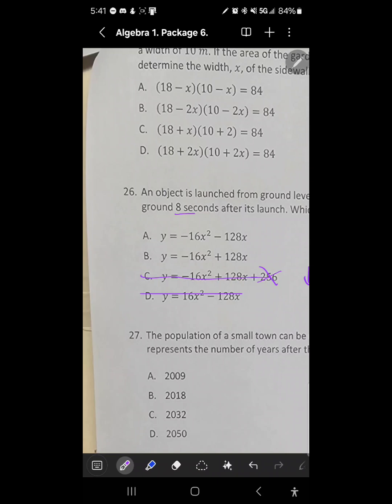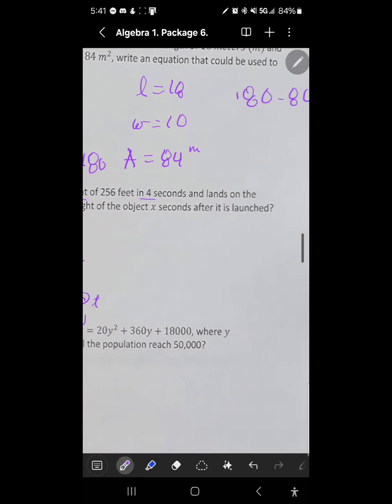Basically, there is a formula which is the vertex formula of the quadratic equation that is very helpful to know.